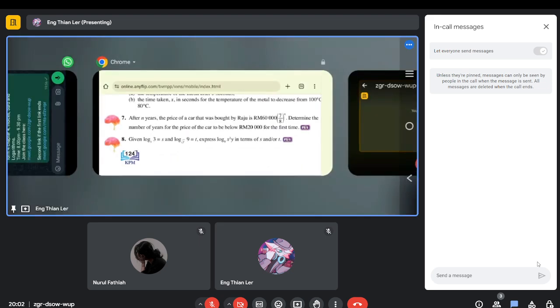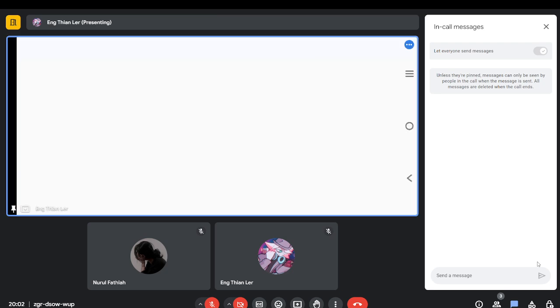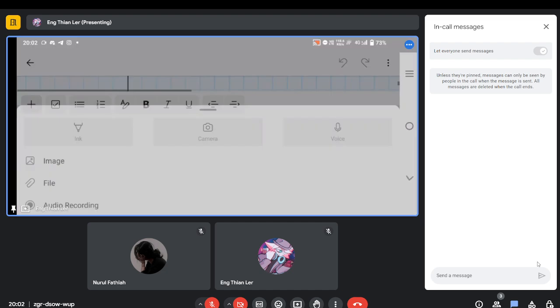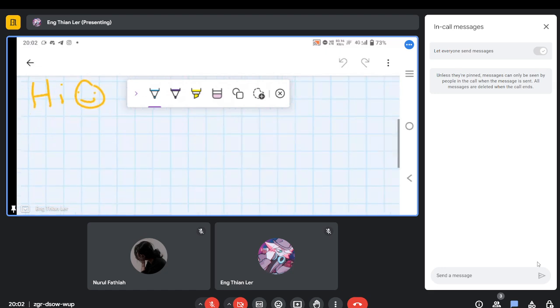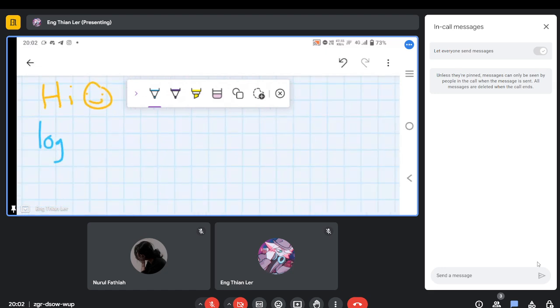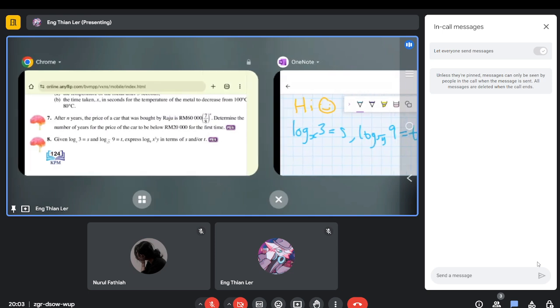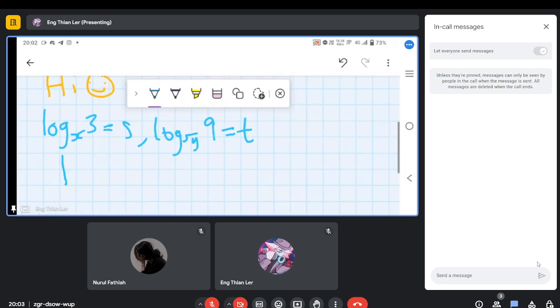Let's try and solve it. So we have log 3 base x equal to s, and then log 9 base square root of y equal to t, and you need to find log x cubed y, and the base is 9.